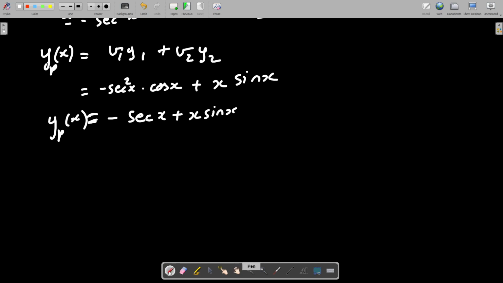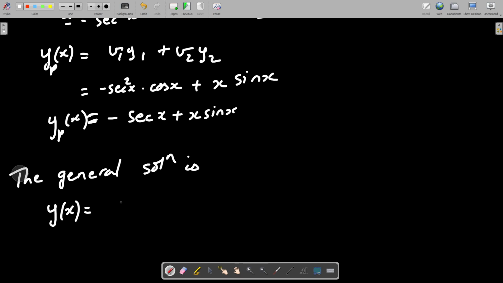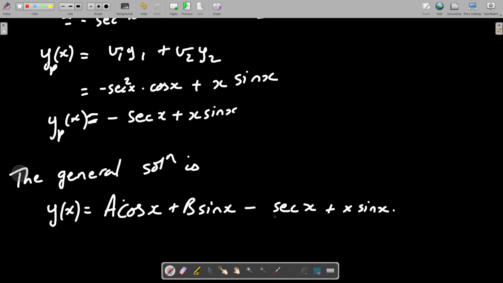So what is going to be our total solution? Our general solution is y of x is equal to a cos x plus b sin x minus... okay, always remember to put these constants here when you are writing the final solution.